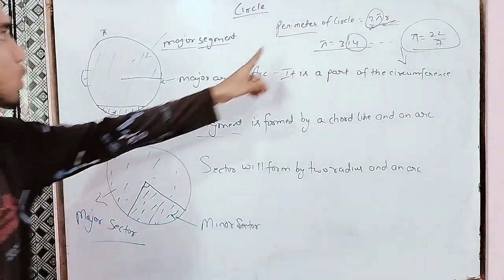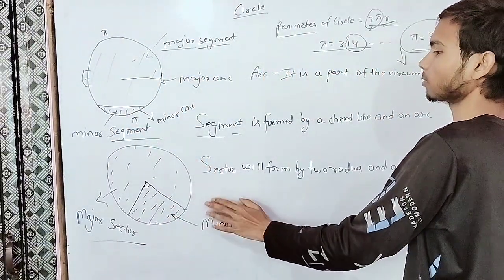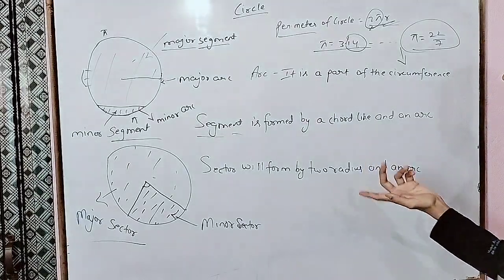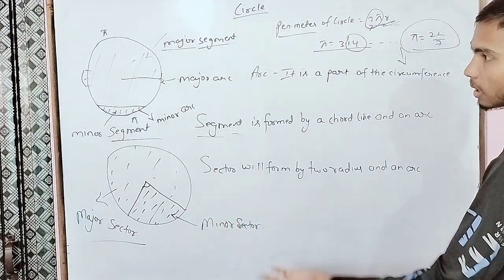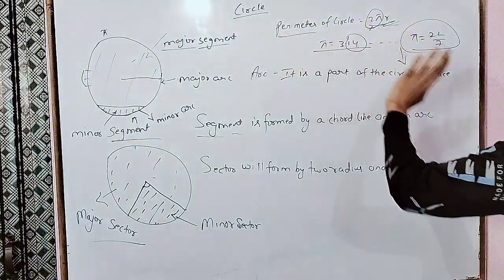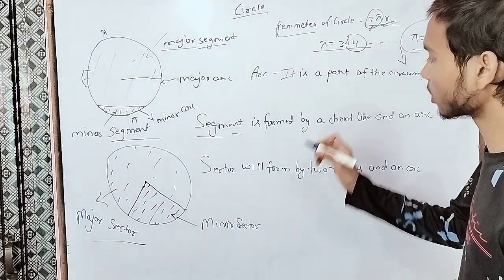Now from here we understood the meaning of a segment, the center, the arc, how a sector can be formed, how a segment can be formed. Now we have understood how to find the perimeter of this circle.